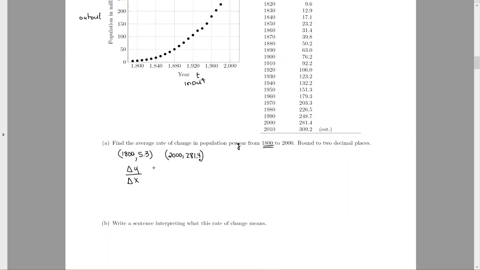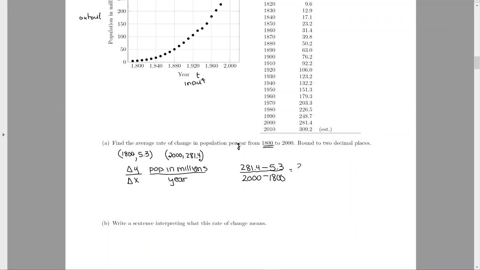My Y values represent population in millions per, and then the X's represent year. So when I plug into my formula, I'm going to use my 281.4 minus the 5.3, and this is just using the slope formula, over 2000 minus 1800.